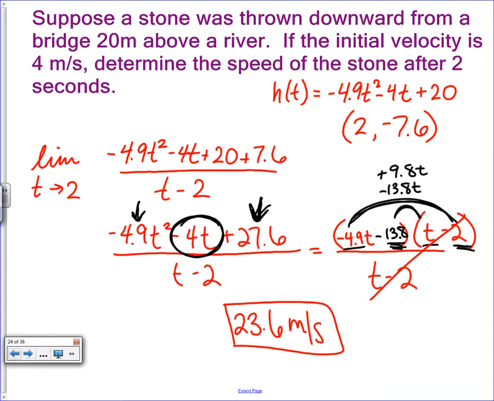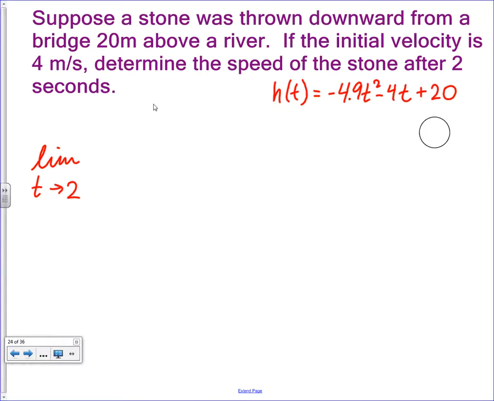Okay, I want to do the same problem, and the only thing I'm going to change about it is now I'm throwing the ball up, or the stone up into the air instead of down. So tell me, if I get rid of all of this, and I want to rework this problem, what is the only thing that has to change? Now it's going to be a plus 14. Is everybody clear on that?